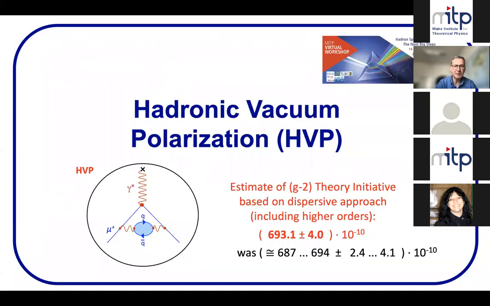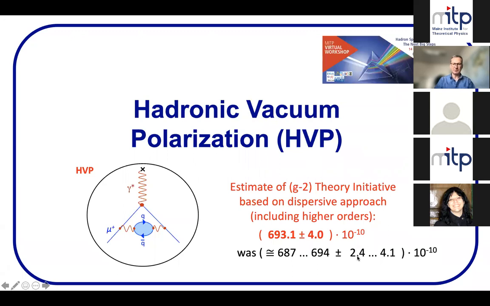Let me start with the hadronic vacuum polarization contribution. I have been showing you the numbers prior to the G-2 theory initiative, which were these numbers here with this uncertainty. And this is now the official number by the theory initiative. As you can see, the uncertainty of 4 × 10⁻¹⁰ is larger than previous estimates.